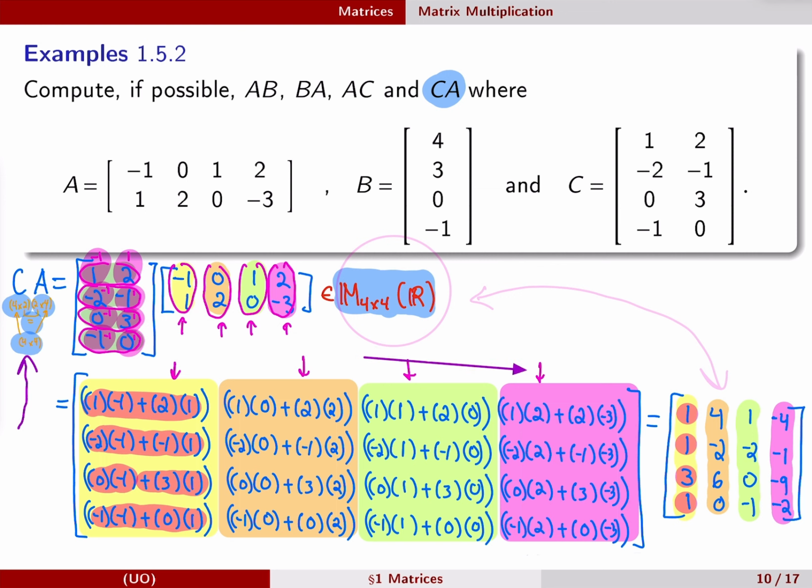And you can see at the end, you get this nice box, which is a 4 by 4, which was already predicted from the dimension analysis of your product. Not only do you know if it's defined, you know the size of the matrix that you get just by reading these dimensions. All right, that's it for that example.